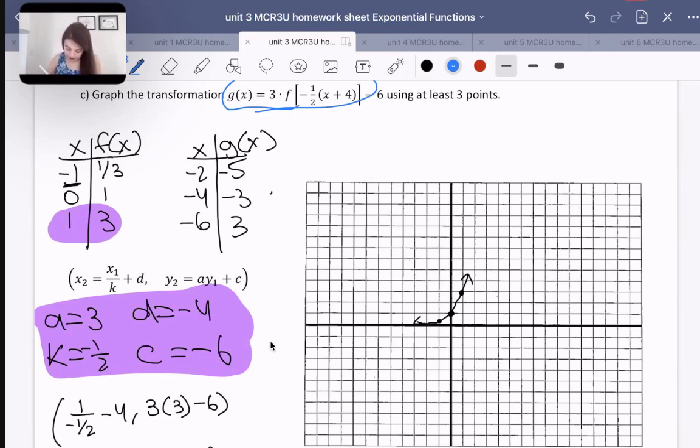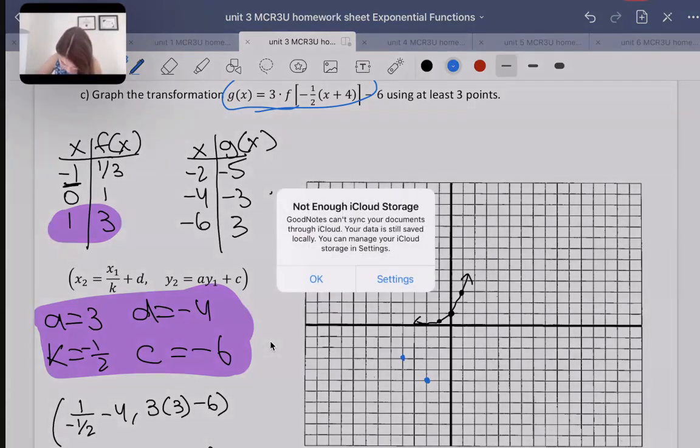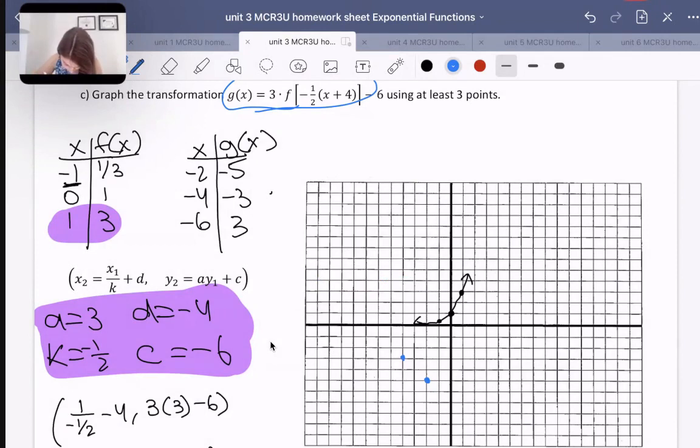Regardless, though, let's do -2, -5 right there, -4, -3 like that, and -6, 3. And then we'll draw that kind of like that.